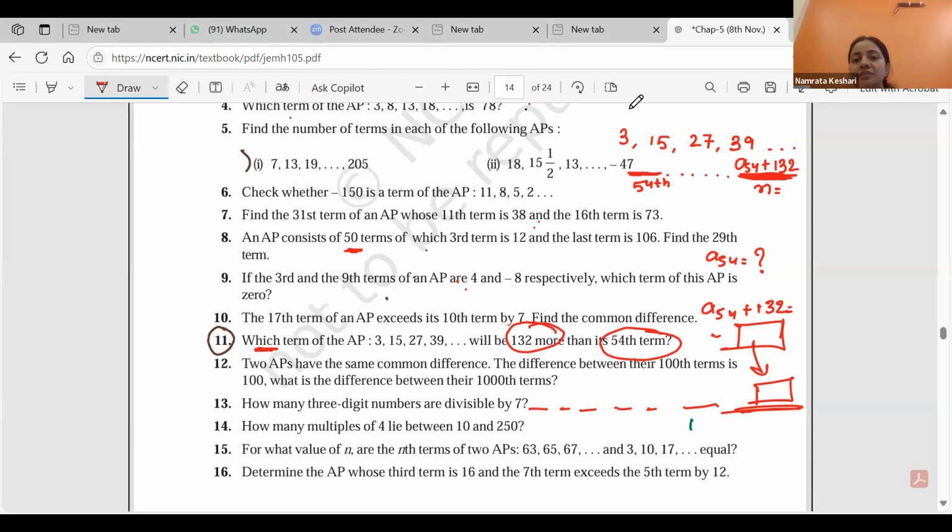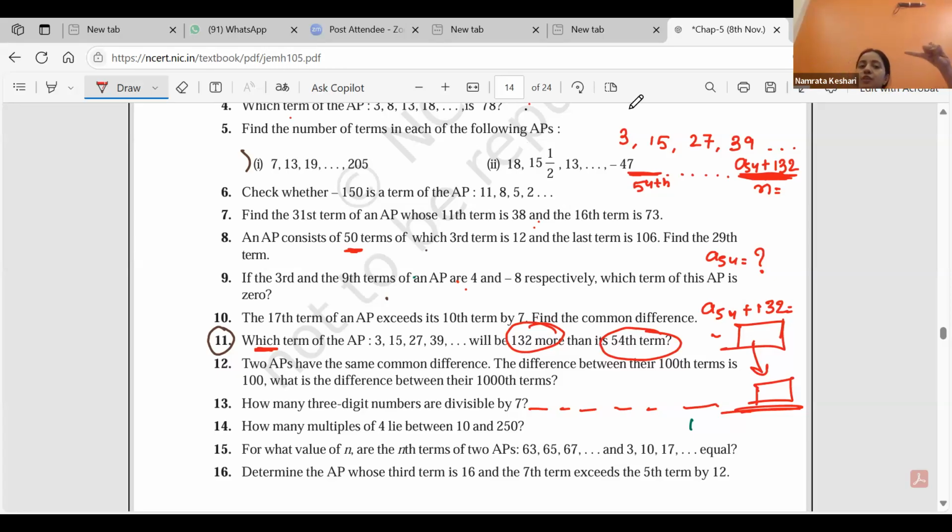Okay, x is 132 more than 54, so you used to find the x value over there. Here you just have to figure out what it says in that manner only. But here it is talking about the terms. So you find the 54th term, then 132 more, then you see what the final result is, and in our AP, what is the placement of that number? Step by step we'll be doing.